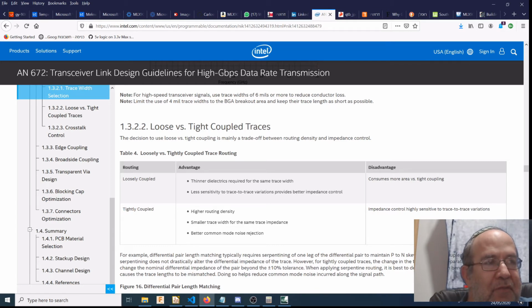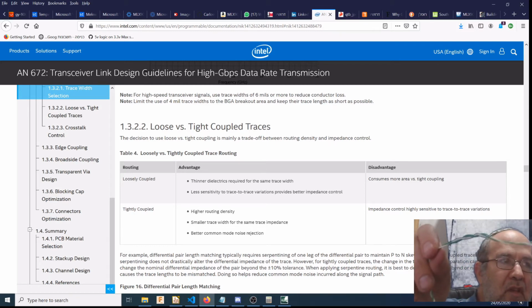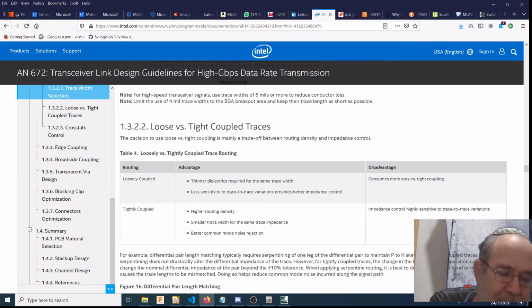Okay, your true differential system is like a twisted pair cable. On a twisted pair cable, your return is on the opposite pair.